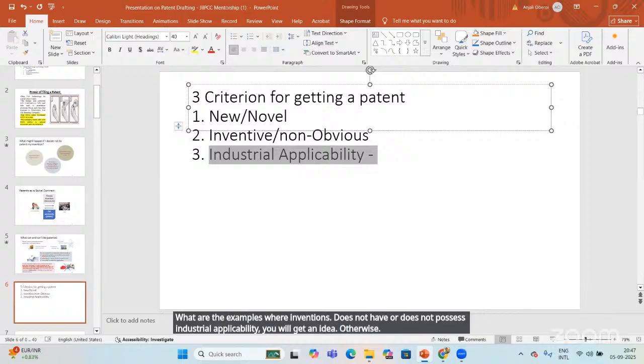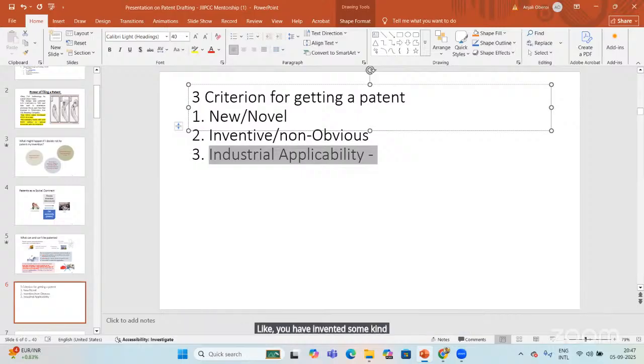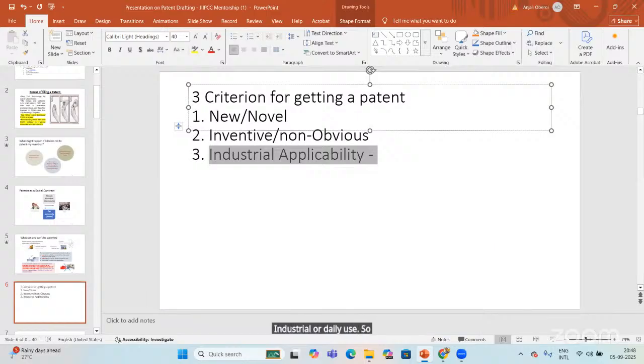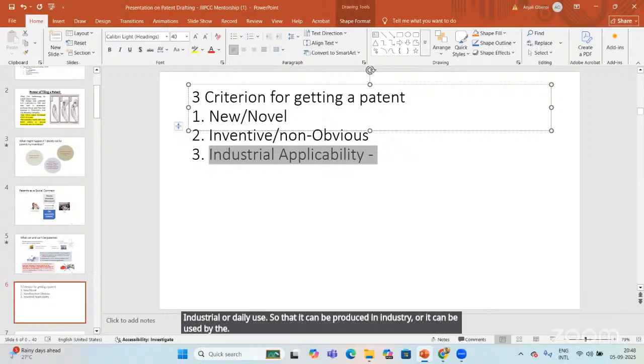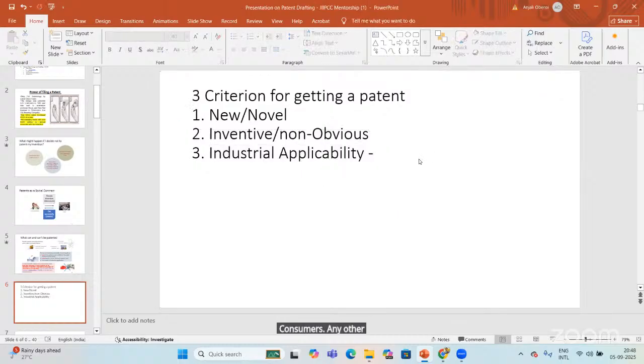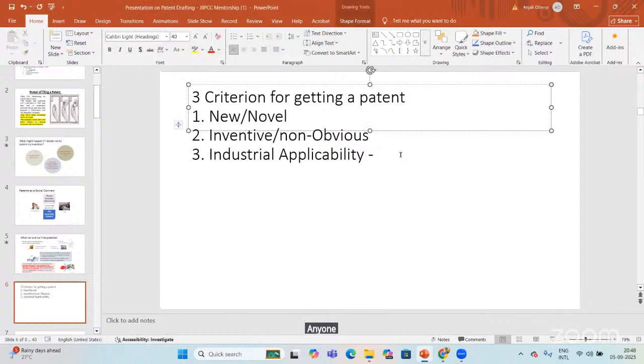Otherwise, if you have invented a new chair, new shoes, or a new mobile phone, everything has applicability, industrial or daily use, so that it can be produced in industry or used by consumers. Any other questions? Anyone? Feel free to ask.